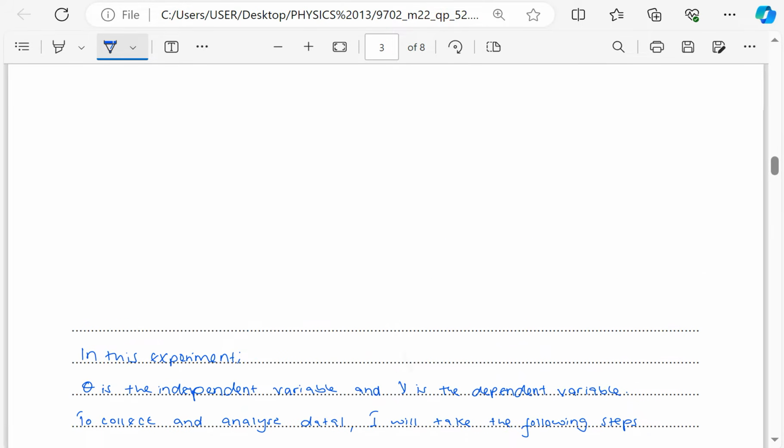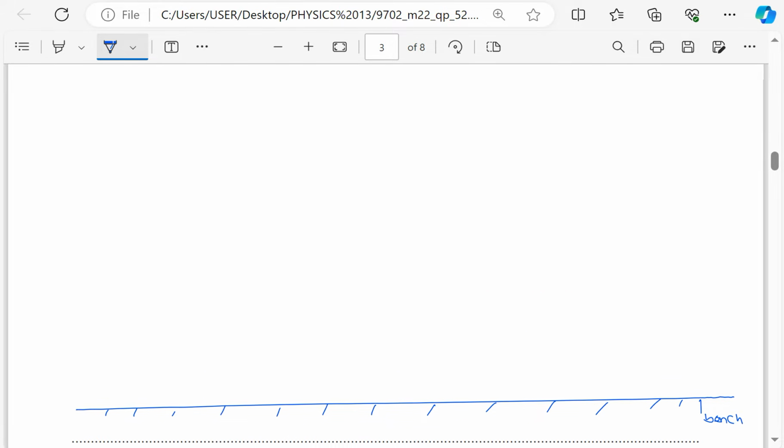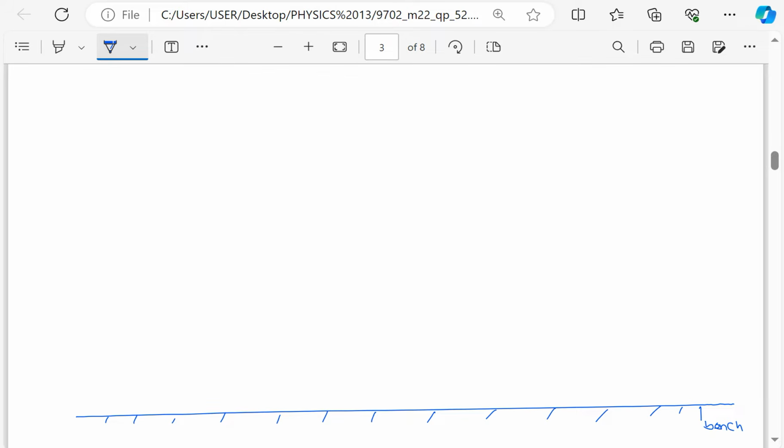Let me first sketch my diagram here. Let me not forget to draw a beautiful diagram. It's better you always draw a big diagram so that you give a good impression to the examiner. So this is the bench or the table, and I'm going to put here, if I take more time, you'll bear with me because I'm drawing on a computer.